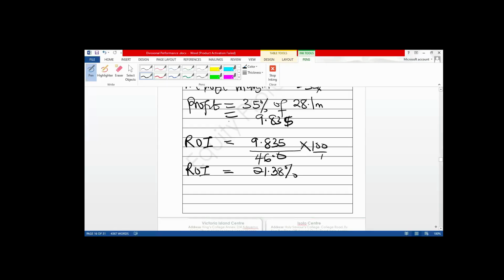Next, calculation of residual income for the new investments for both divisions.